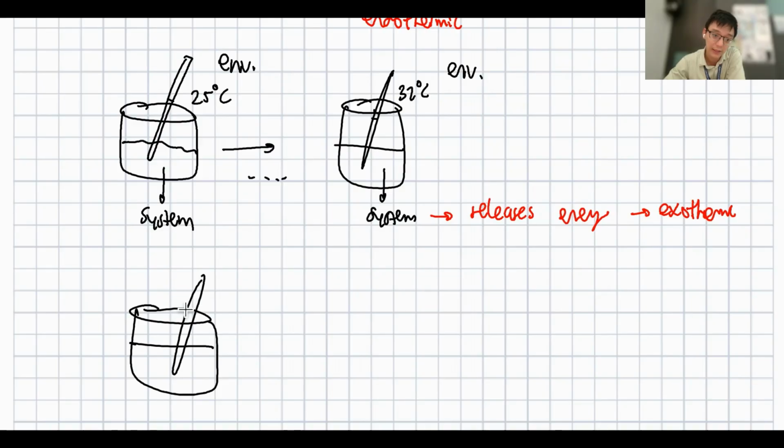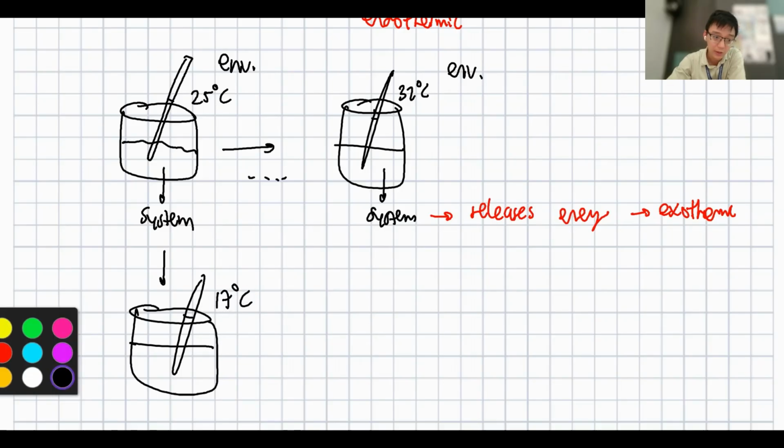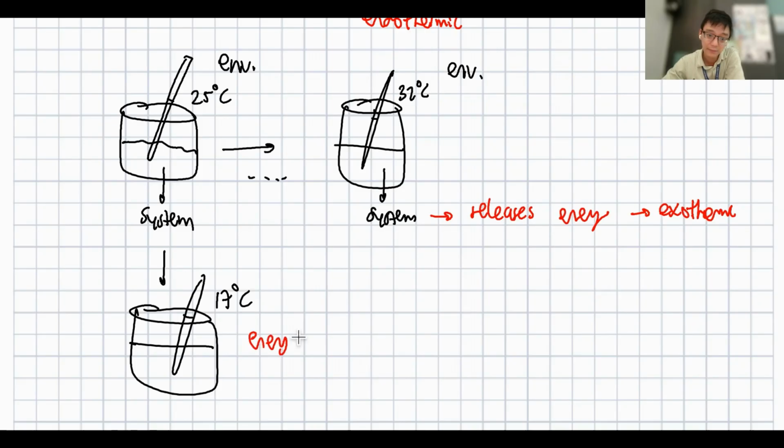So for example, the solution goes from 25, let's say, to 17 degrees. In this case, the energy in the environment is taken by the system, to conduct the reaction.